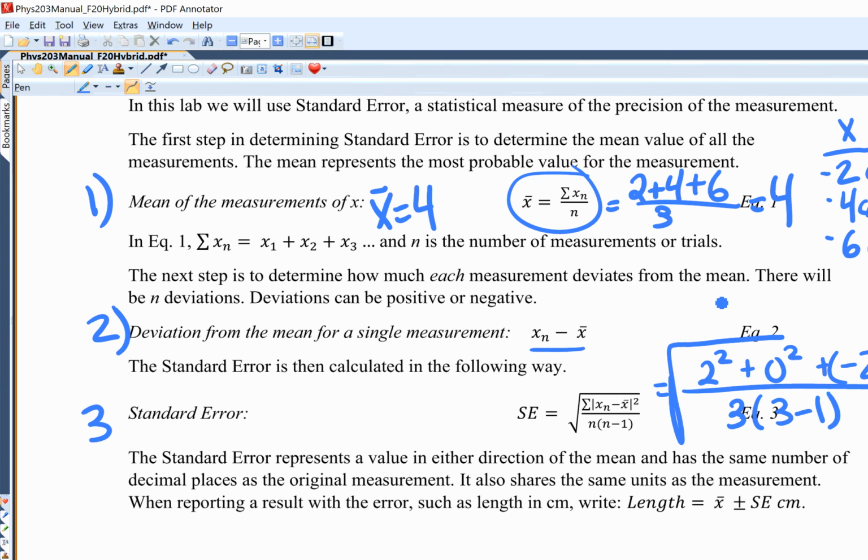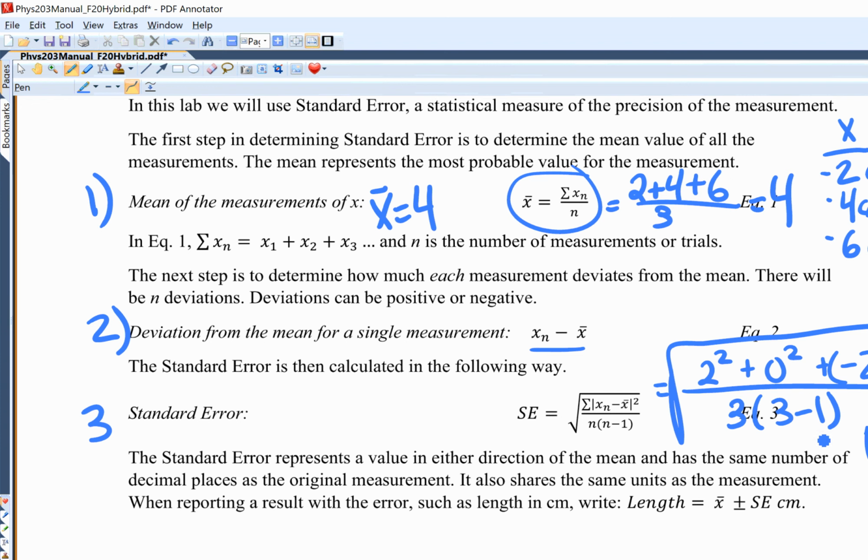And so that standard error is 4 plus 4, 8, divided by 6, the square root of 8 divided by 6. And I get 1.2. Actually, I would represent this as 1 with 1 significant figure.